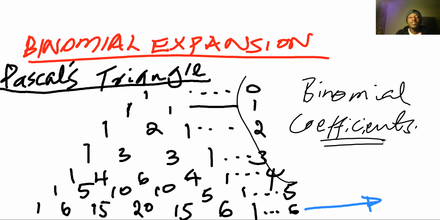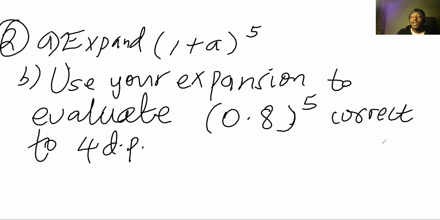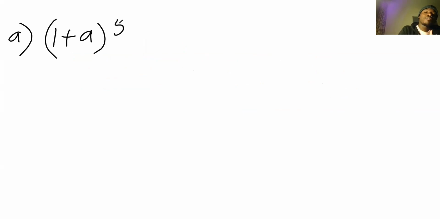I hope this second example I'll be a little bit faster. So that is a, 1 plus a to power 5. When you expand it, the powers of the first term decrease from 5, and this one increases from 0.